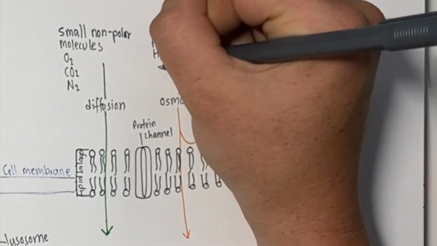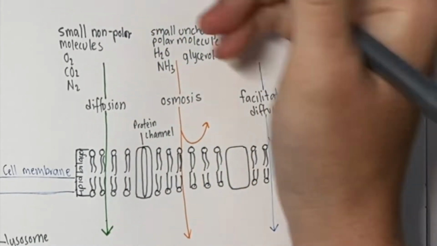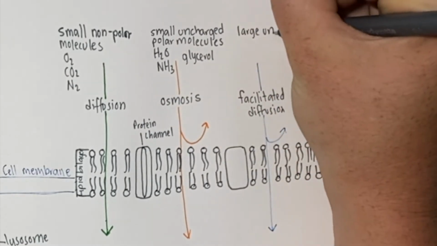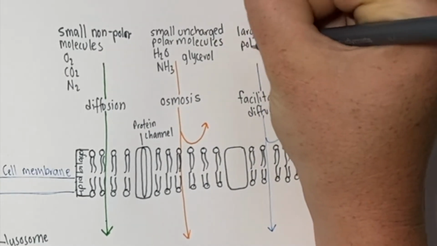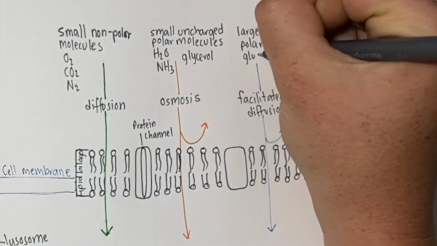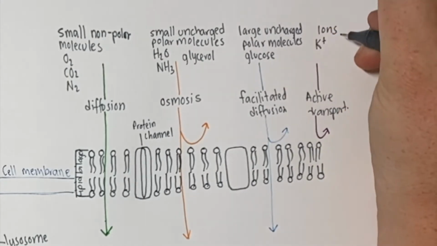Facilitated diffusion is for large polar molecules, so things like glucose and sucrose, and active transport requires energy, and that's for things like ions such as sodium, potassium, chloride.